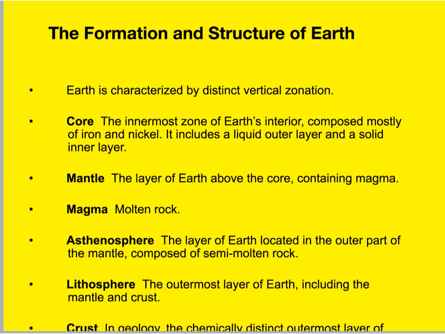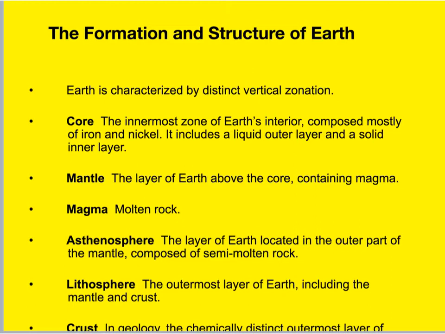We have to talk about the core as the innermost layer, and then the mantle, the layer above the core, and that's where all the magma is. The magma is molten rock. This is part of a convection current that's underneath the Earth's crust. And then there are the crust layers, which we call the asthenosphere, the lithosphere, and then the crust itself.